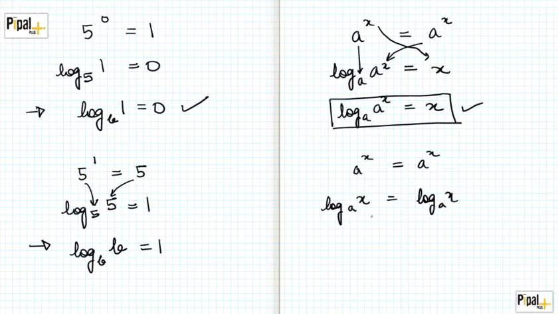Now, if I were to convert one of these back into the a to the power x form, then a to the power log base a of x will be equal to x. So all I've done is I've used this here.